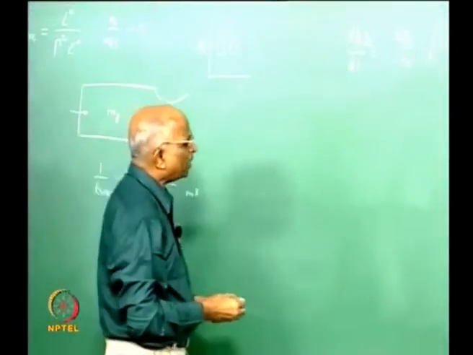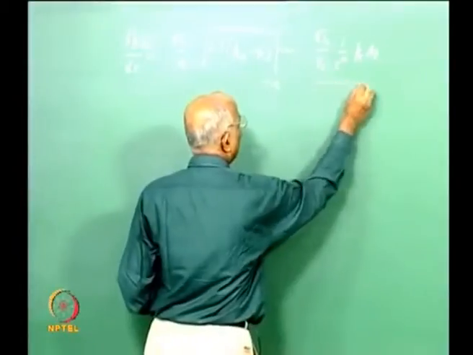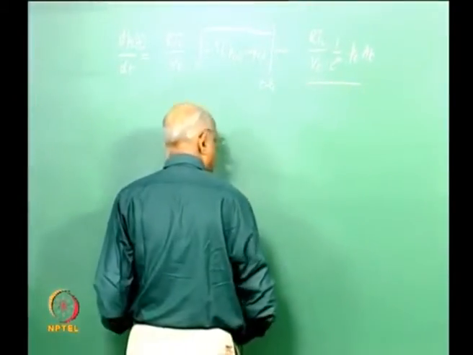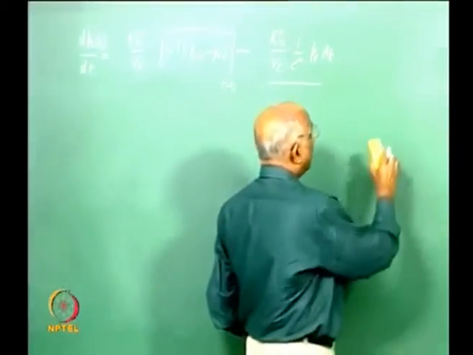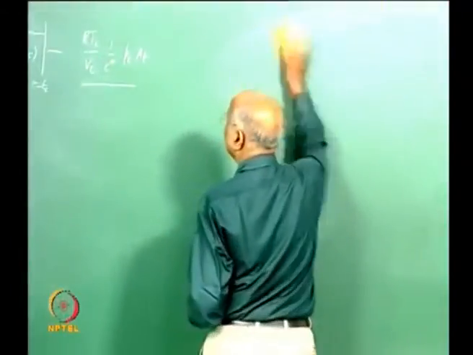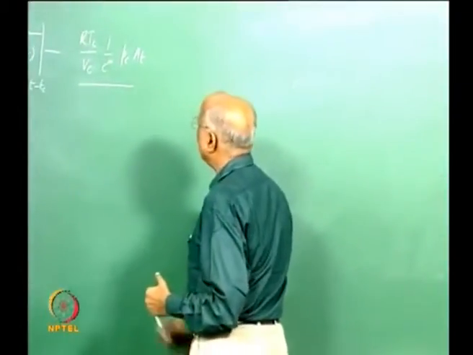Let us simplify this part of the equation, let us get this out in terms of maybe residence time. Let me go back here. Precisely what did I write?